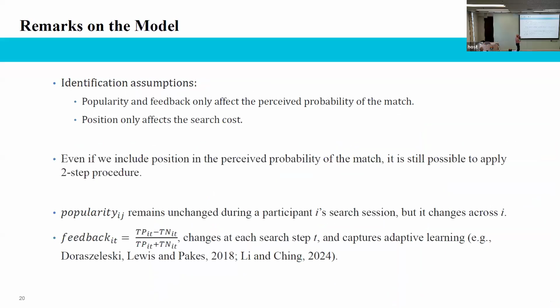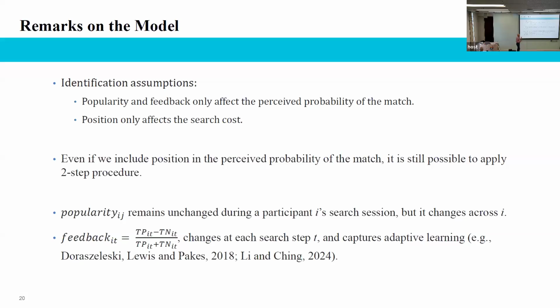Right? Okay, so here, what are the exact assumptions that we make? Now, the probability and feedback, all these variables, we assume only affect the probability of match and also the appeal. And we assume the product position effect only appears in the search cost function.